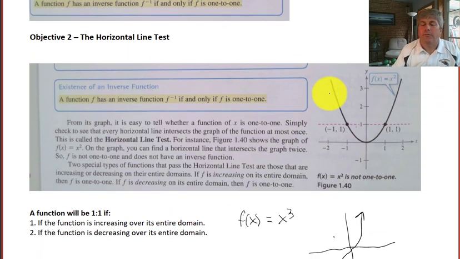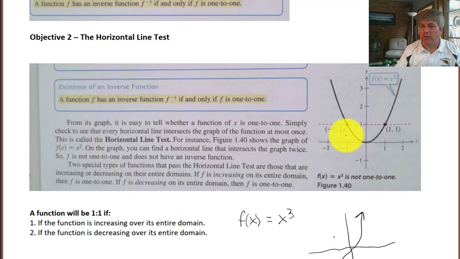One way to tell if a function is one-to-one is the horizontal line test. If a graph passes the horizontal line test, you know that it is one-to-one. This parabola here on the right-hand side fails the horizontal line test.